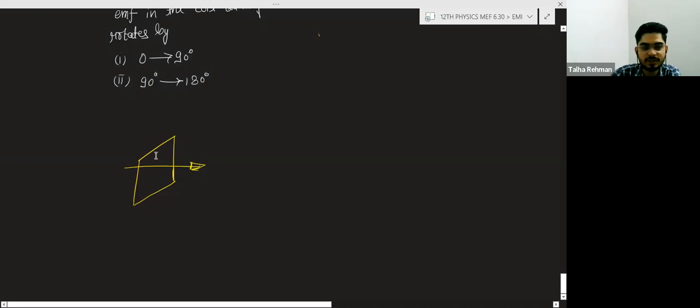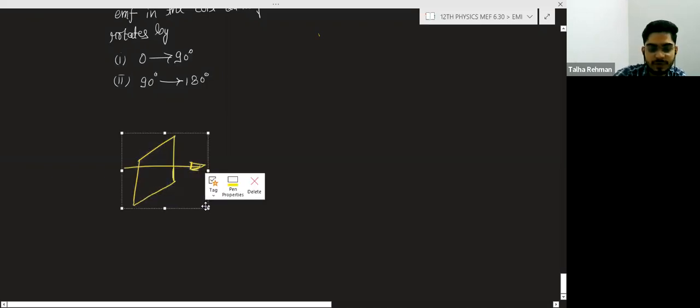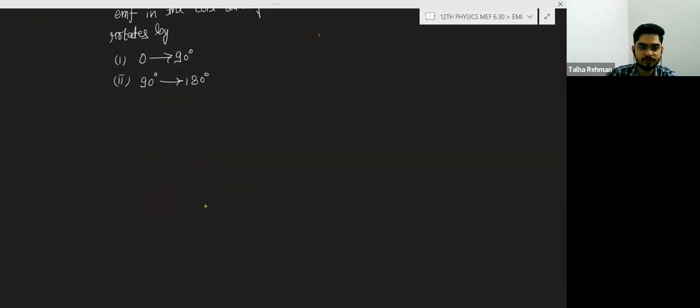And in this case, I will draw it like this. This is the coil, so this will be the area vector.